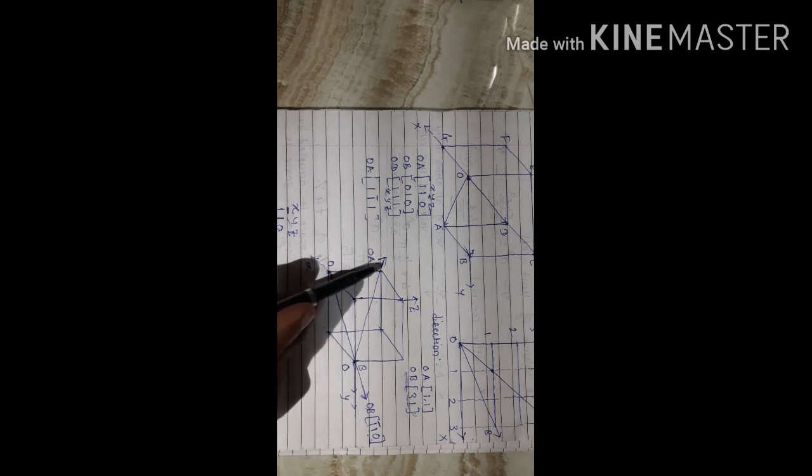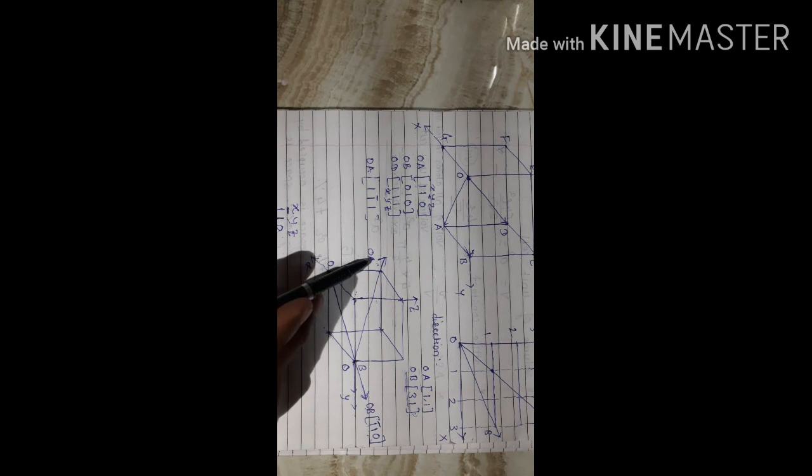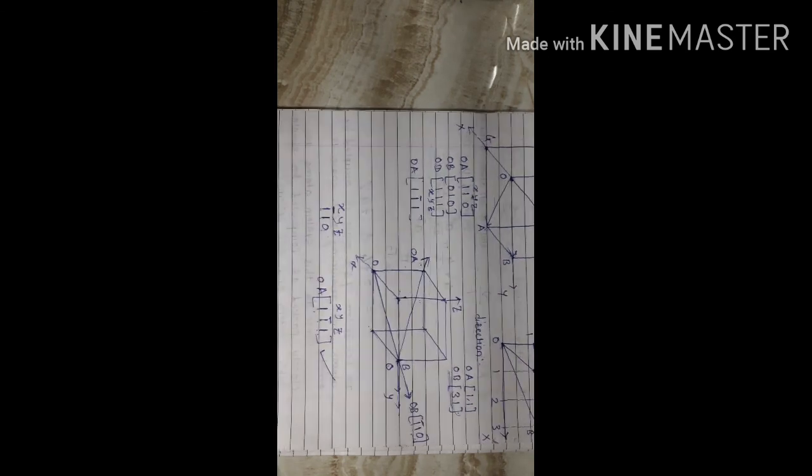This is the A point, so OA represents the direction of 1 bar 1 bar 1. This is OA, the direction of this plane.